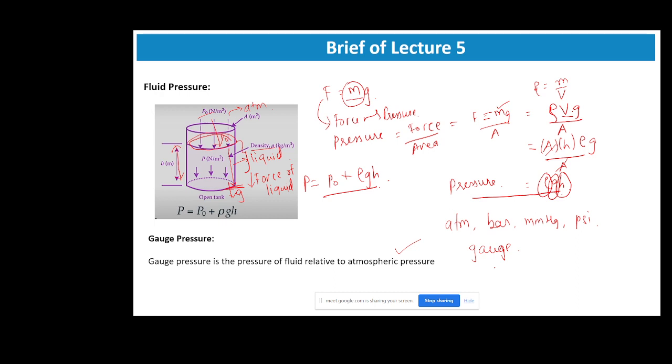For example, if the existing pressure is 3 atmosphere, and you want to measure it in terms of gauge pressure, then the atmospheric pressure needs to be deducted, that is 1 atmosphere. So the gauge pressure for this system equals 3 minus 1, which is 2 atmosphere gauge. This is how you calculate gauge pressure.